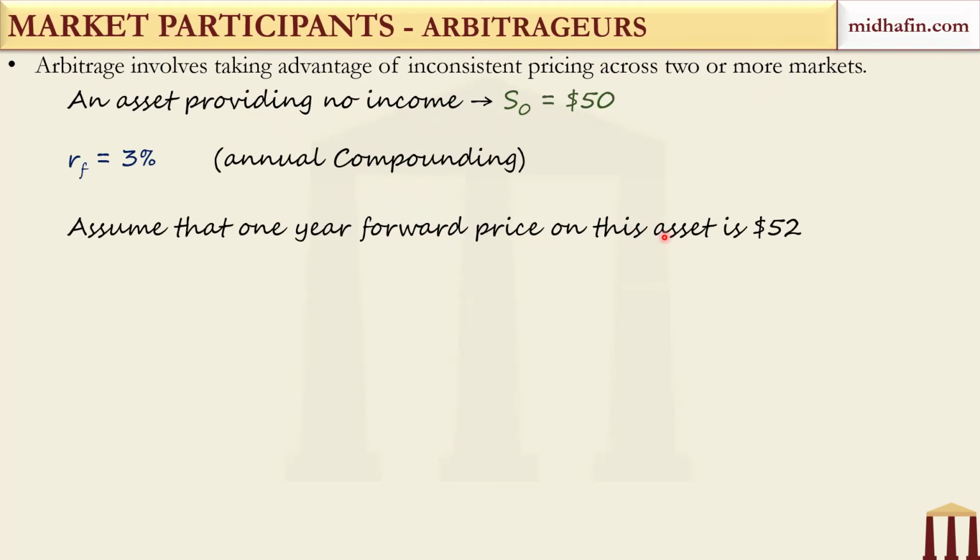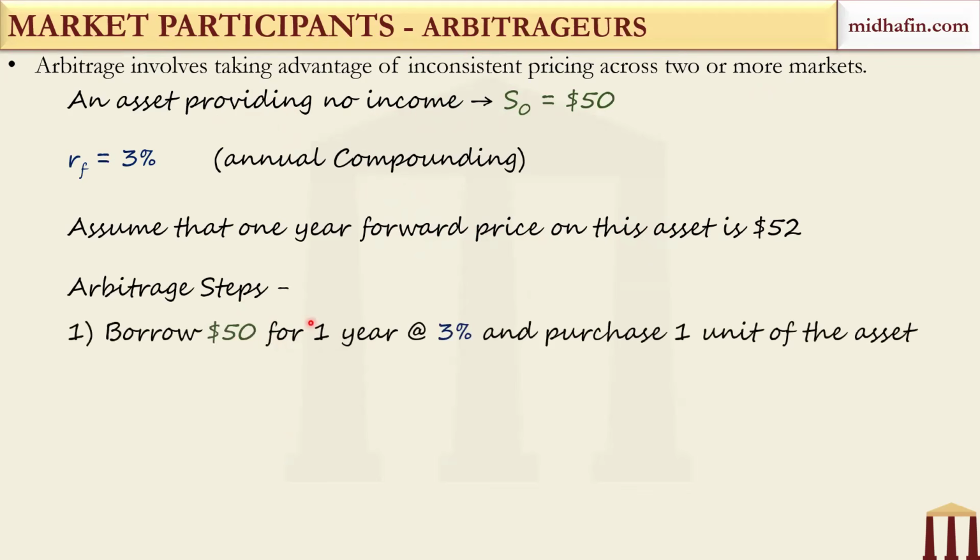So how will you get arbitrage profit? What are the steps? First, you borrow $50 for 1 year at 3% and purchase 1 unit of this asset. In these 3 steps, we are seeing the how part, not the why part, remember.